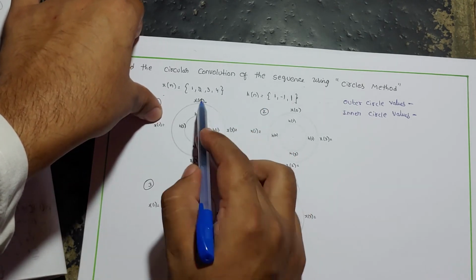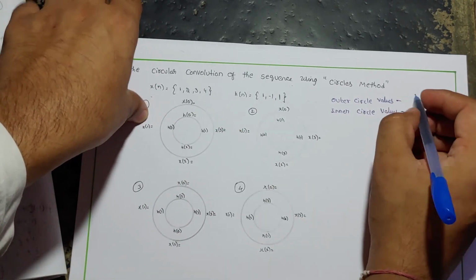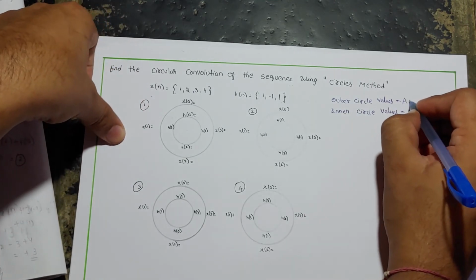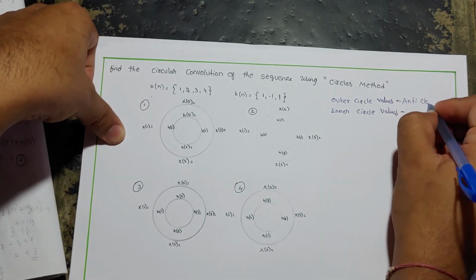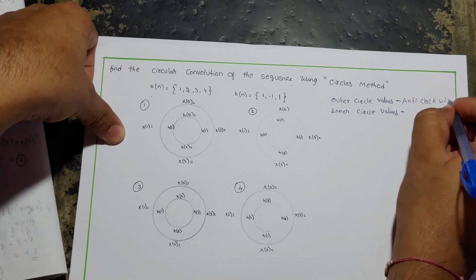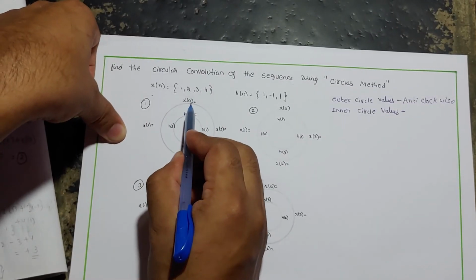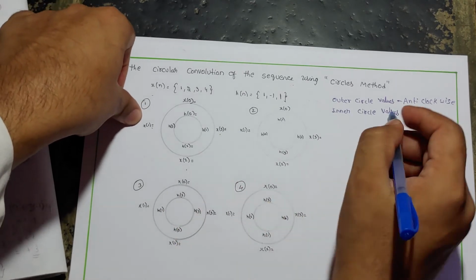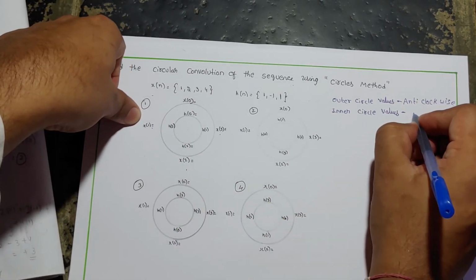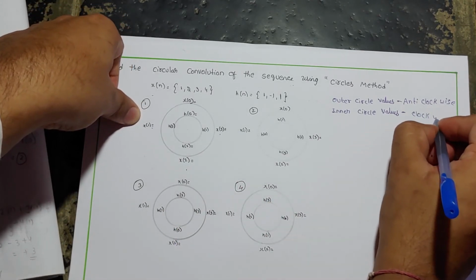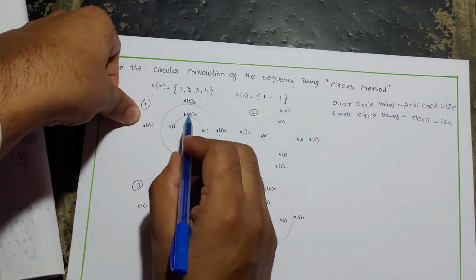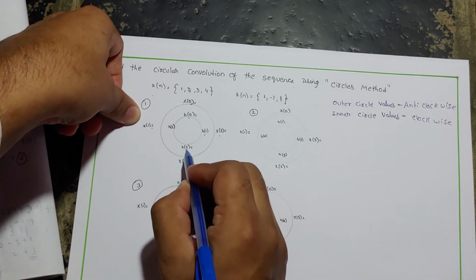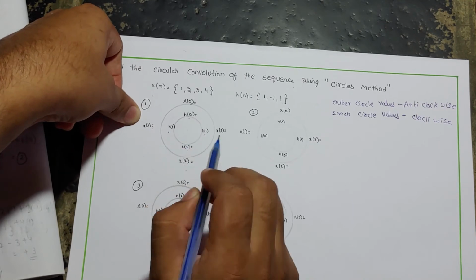The x of n values should be written in the anti-clockwise direction, that is x of 0, x of 1, x of 2 and x of 3. And the inner circle values should be written in the clockwise direction, that is h of 0, h of 1, h of 2 and h of 3.